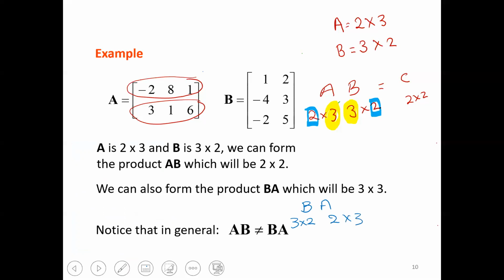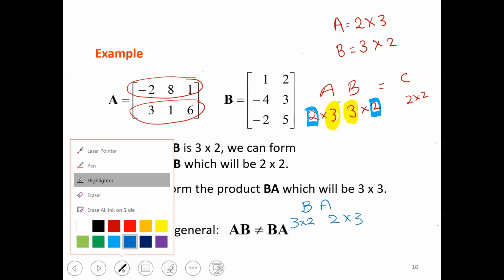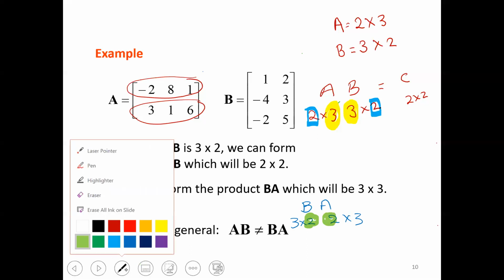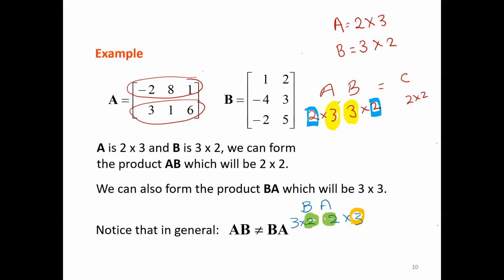Again, the two in the middle are the same, 2 and 2, so I can multiply B by A, and my answer will be 3 by 3.